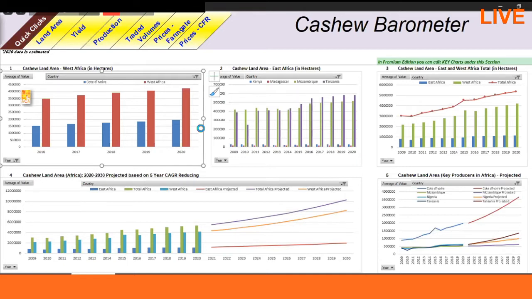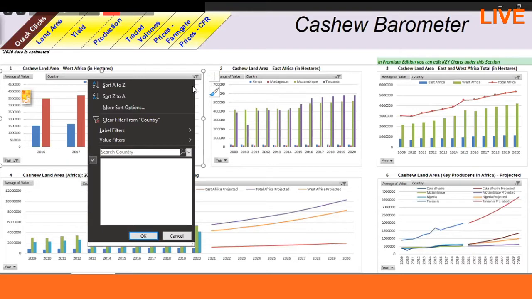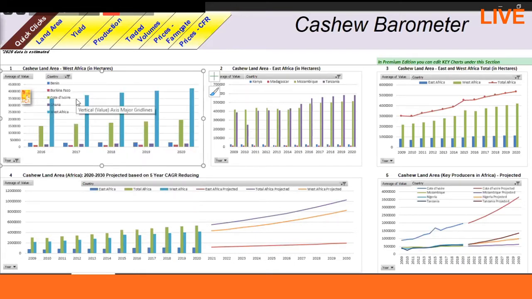So I have clicked on the filter functionality, and what we are seeing now is the country showing Cote d'Ivoire. So you can even decide that you are adding Benin, Burkina Faso, maybe even Ghana here, and then the chart is going to reorganize itself to bring you information, and you can easily modify and rearrange everything.